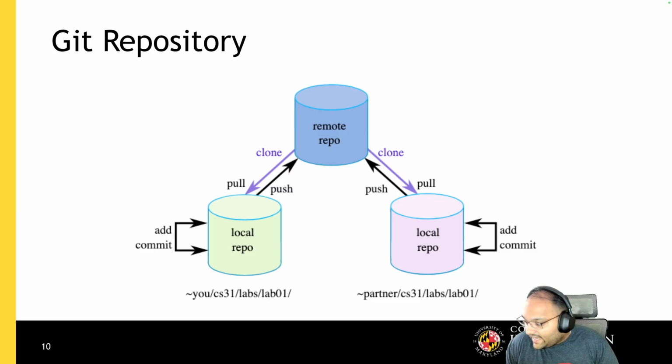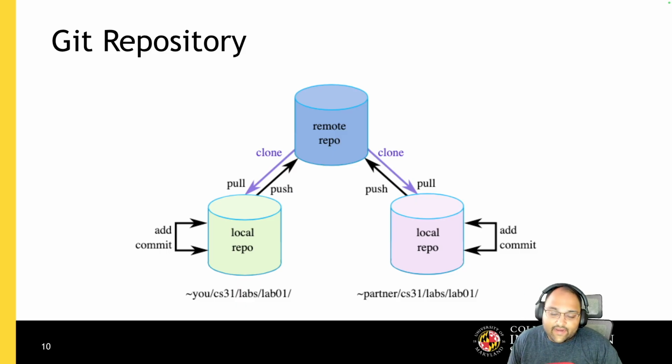Now, the next thing I want to cover is how Git repositories work. So how do Git repositories work? Well, let's take a look at this. On a website like GitHub, Bitbucket, etc., you will have a remote repo. Now, let's say the left side is Jim, the right side is Alice.